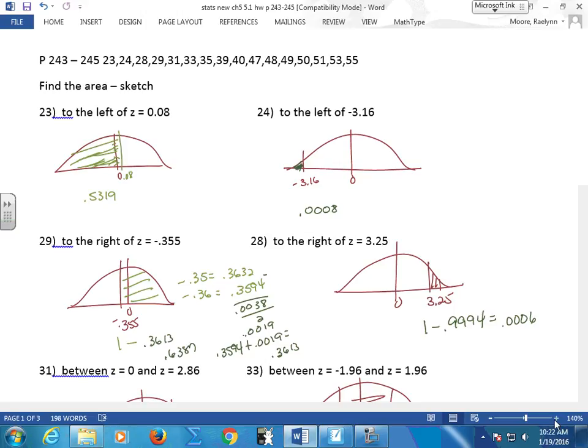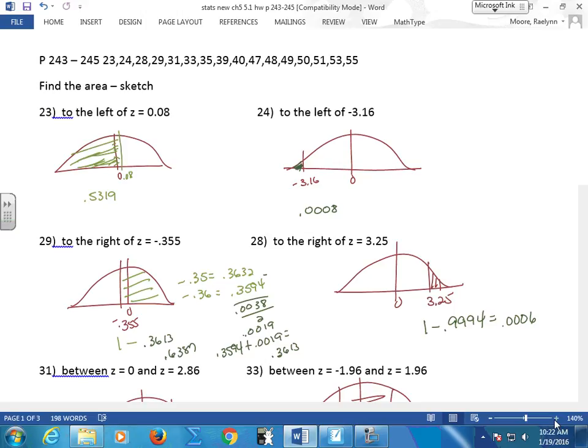So when we look that up and it's more than 50%, we realize this looks more than 50% over here, and this guy is less than 50%, so we have to subtract it from 1. That's where your sketch helps you out. Subtract your area from 1, and leave it at that.